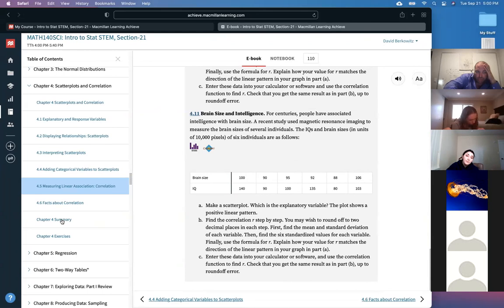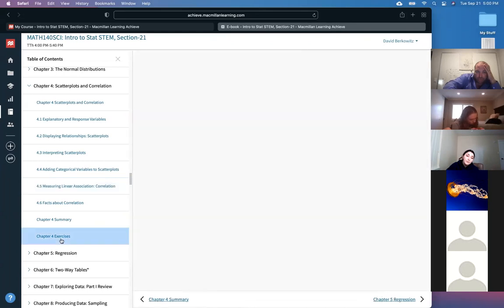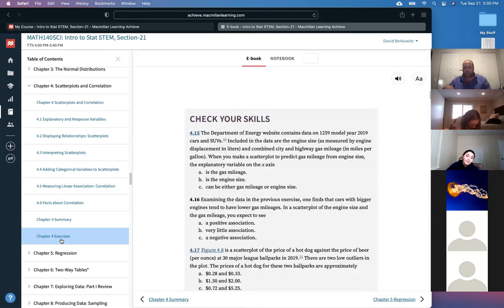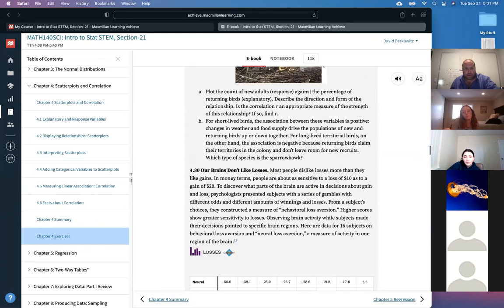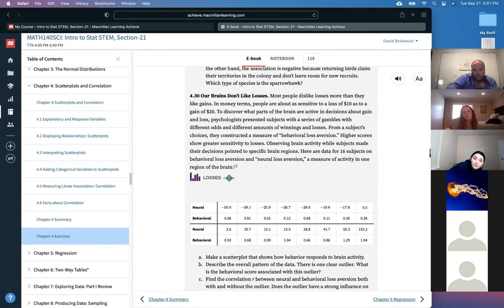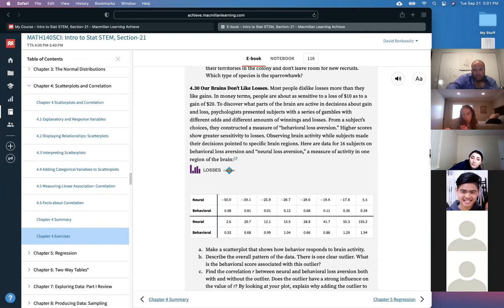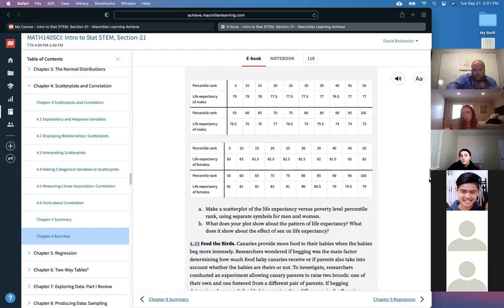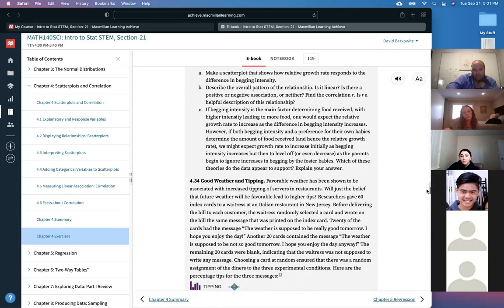Okay, let's go to the exercises. I'm pretty sure you can press that Crunch It symbol. Yeah, I'm just looking for a good example to do, one that looks interesting.